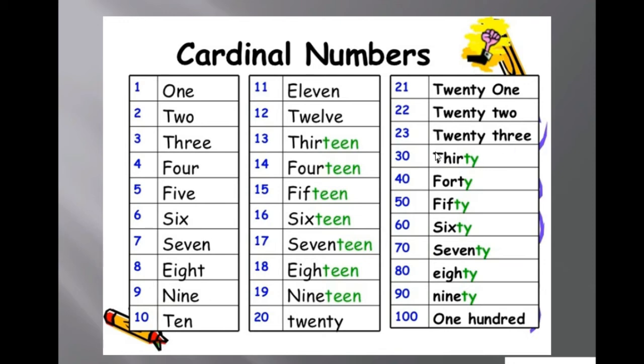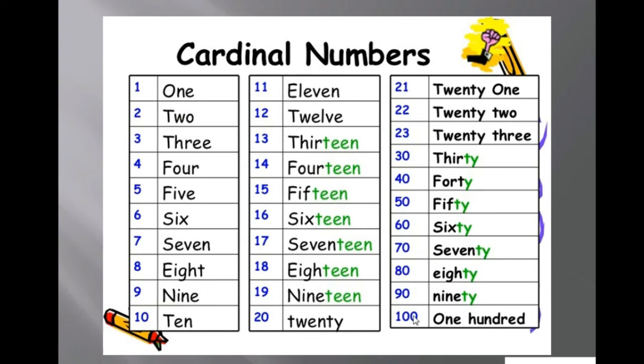So it's 30, 40, 50, 60, 70, 80, and 90. And here it becomes 100.